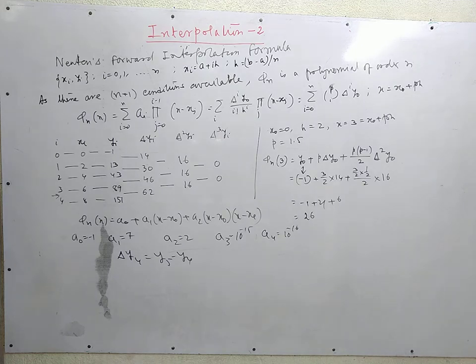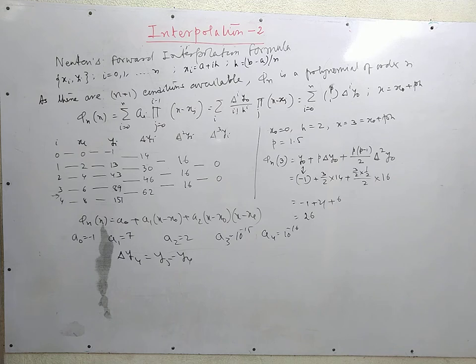And in the next class, we shall consider Lagrange's interpolation formula, which is applicable for equispaced as well as inequispaced intervals. There is no restriction on the x values. The x value can be anywhere: towards the end, towards the beginning, or in the middle. Furthermore, Lagrange's formula is very useful for inverse interpolation.